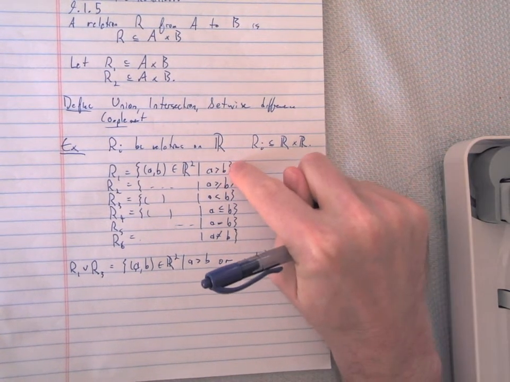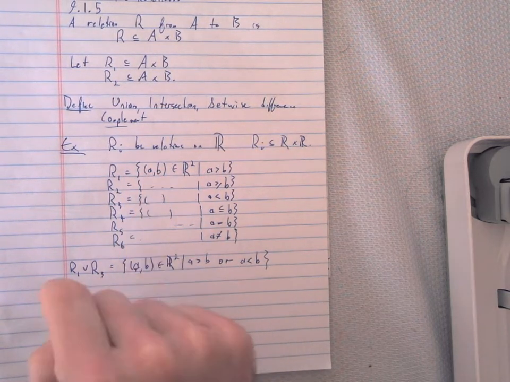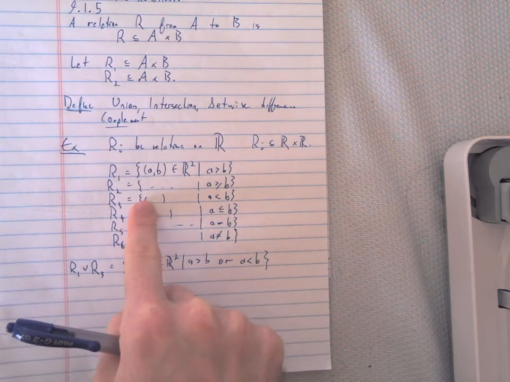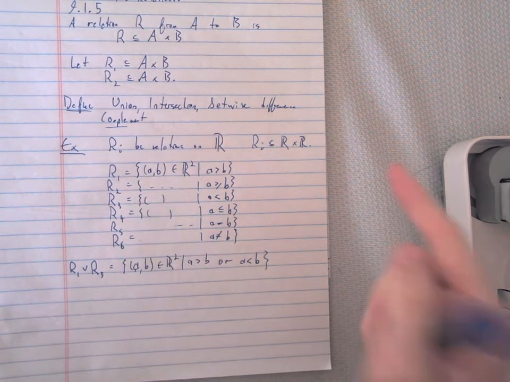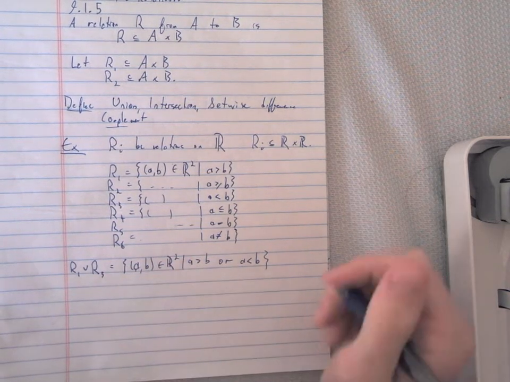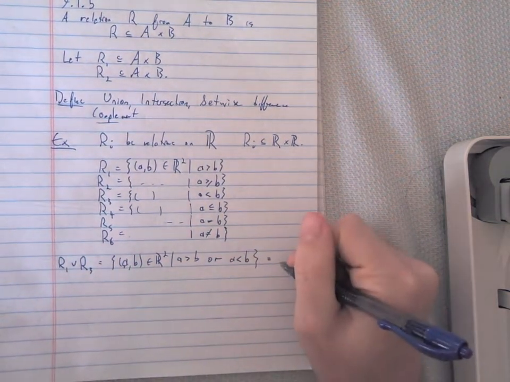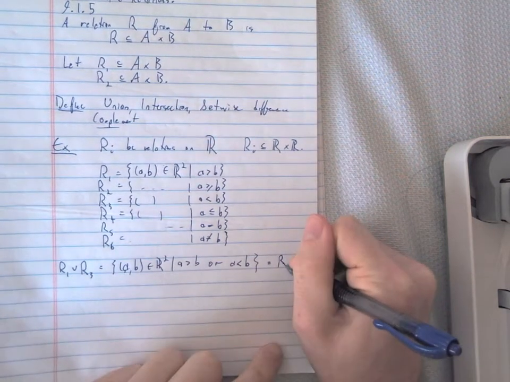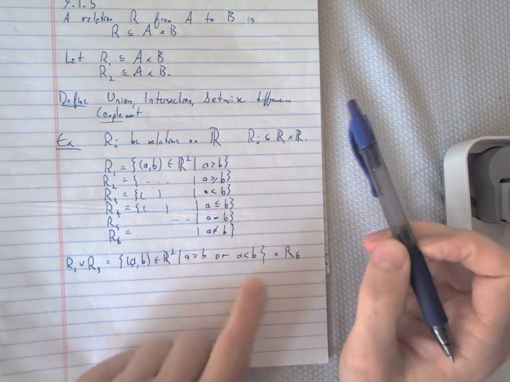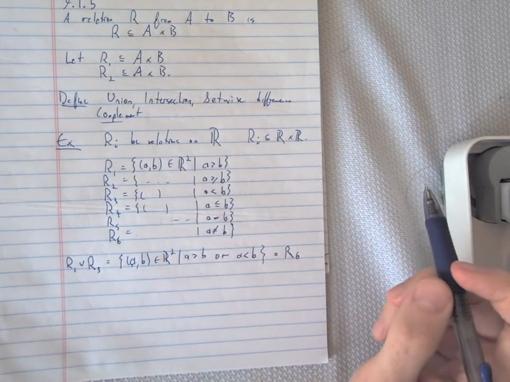I'm taking all of the elements in this relation, which is all the tuples such that a is greater than b, and I'm also taking all the tuples in R3, namely all the pairs a and b such that a is less than b. So this union of relations is actually equal to the relation R6, right? I'm looking at all pairs such that either a is greater than b or a is less than b. The only thing that's excluded is a equal to b.